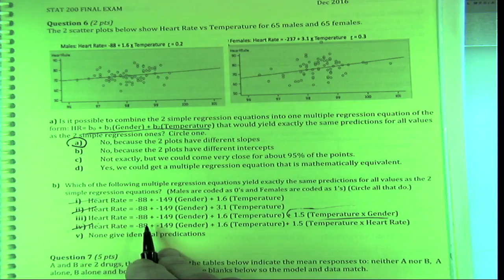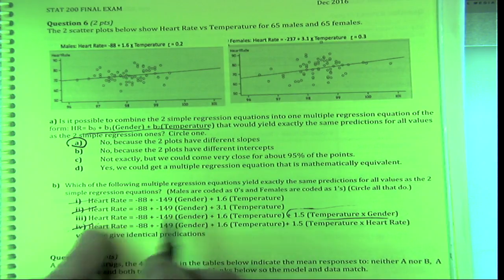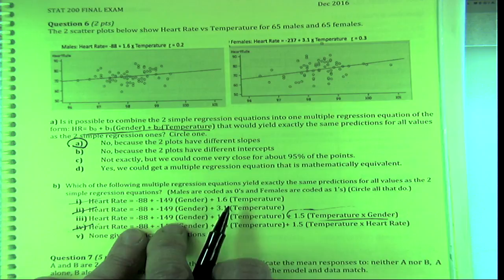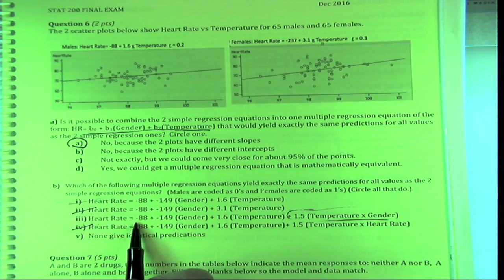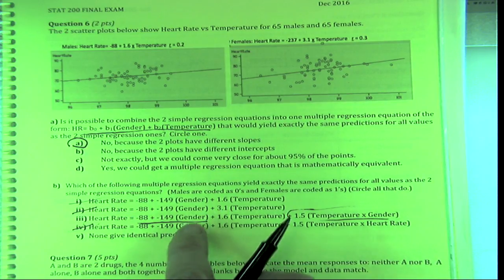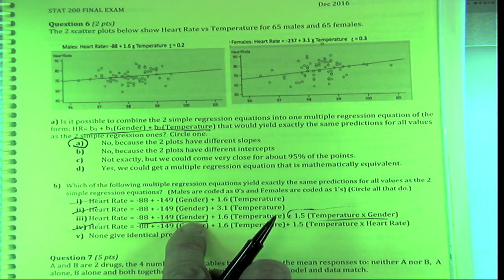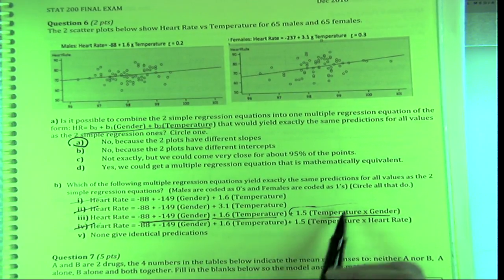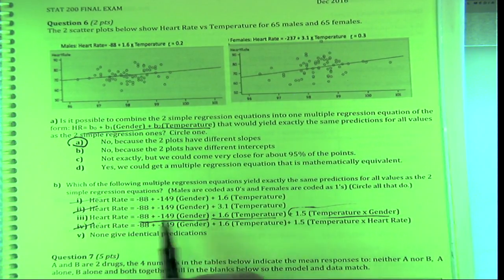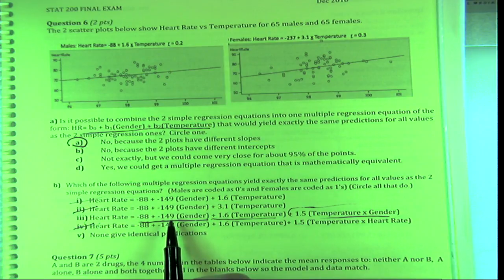And remember how we can do this. If you had to get this yourself, how would you do it? You start with male coded as 0. So this part works when you have 0 for gender.